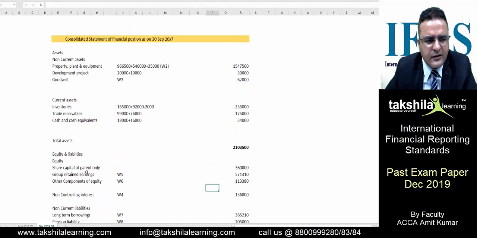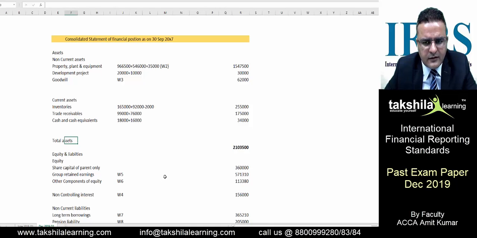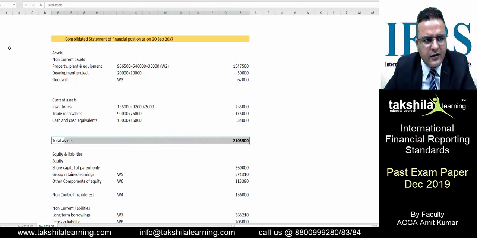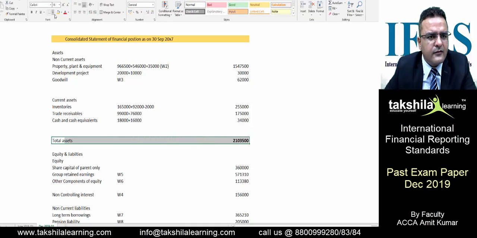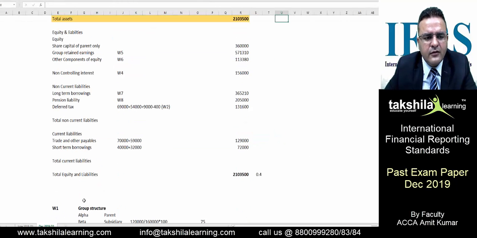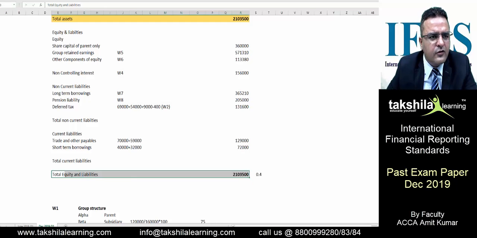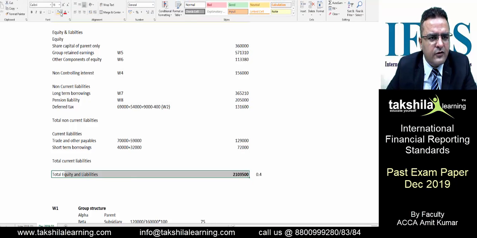So this helps us in preparing the consolidated balance sheet. The total assets figure is equivalent to 2,103,500 and total equity and liabilities 2,103,500.